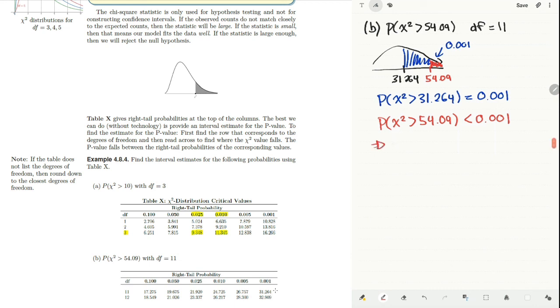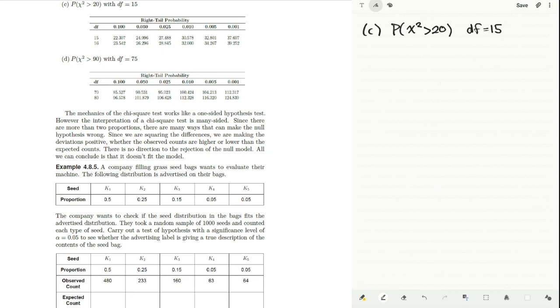Mathematically, we can write this as the area to the right of 54.09 is somewhere between 0 and 0.001. So the best that we can do using our table is to say that the area will be less than 0.001. So now let's look at the next example.